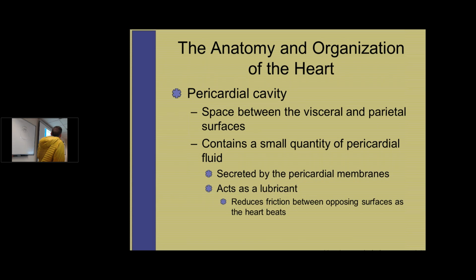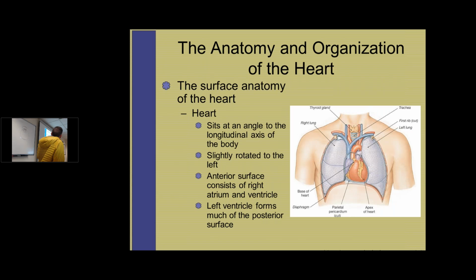Pericardial cavity. This is just the space inside the mediastinum in between the heart and the lungs. Yeah, and like we talked about before, it acts as a lubricant for all of that movement going on. So yeah, the heart sits at an angle.